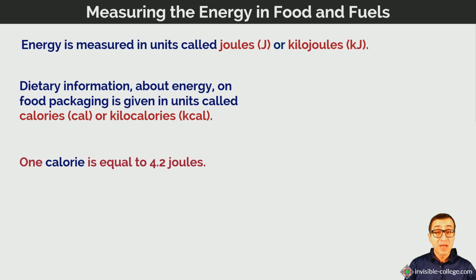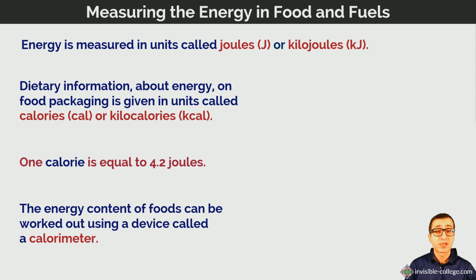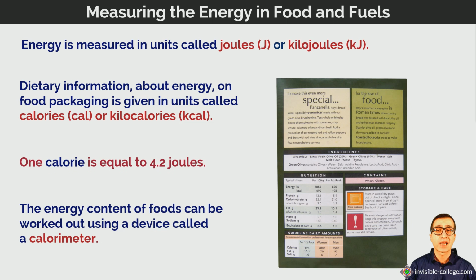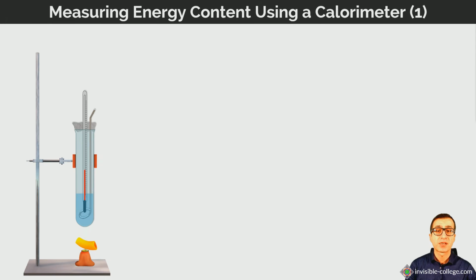So in order to measure the amount of energy content of food, we use a device and a technique that we call calorimetry. So let's take a look at how we would use a calorimeter to do this. Now, a basic calorimeter, which perhaps you might have used yourself in either biology or chemistry lessons, may look a little bit like this.